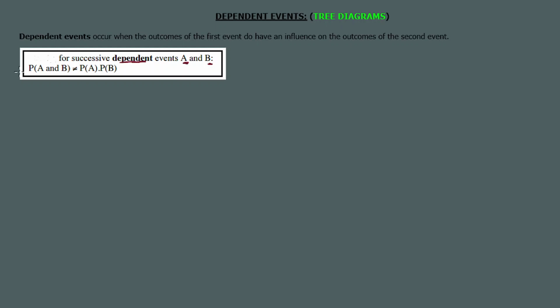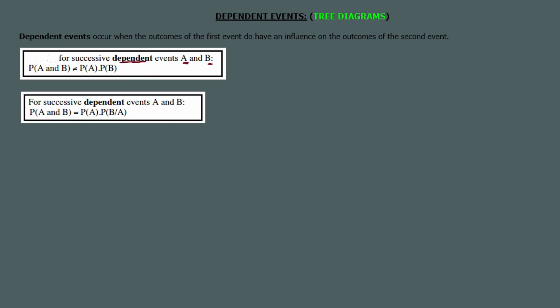A and B, this is not true. So how do we calculate them? We introduce something called conditional probability.